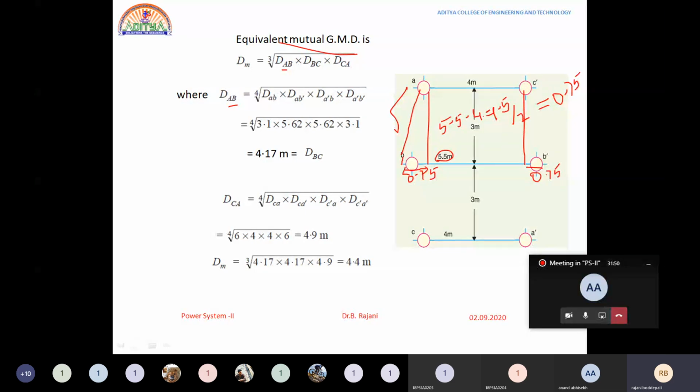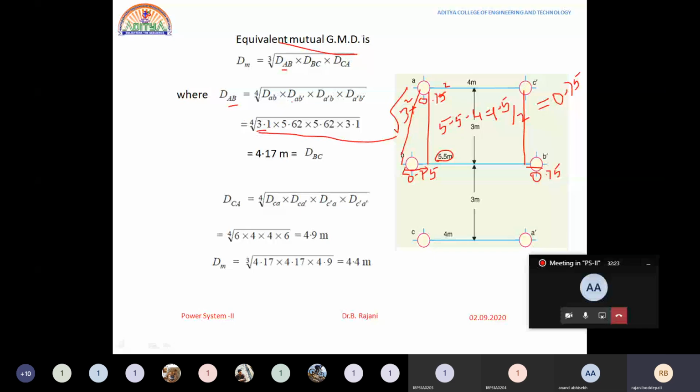So 3 square plus 0.75 whole square, under root, gives you the value 3.1. This distance A to B is 3.1.